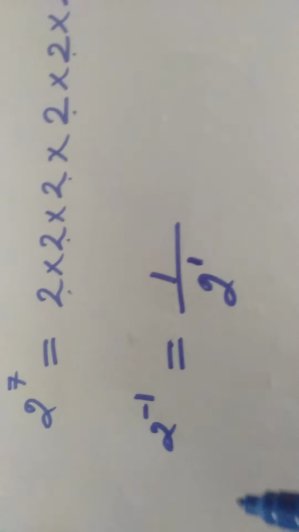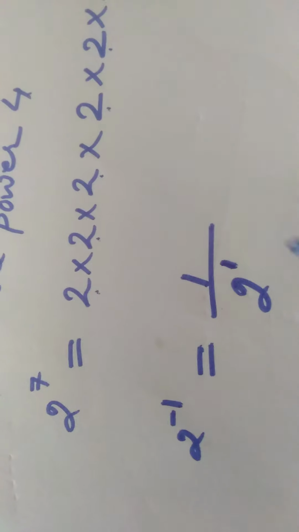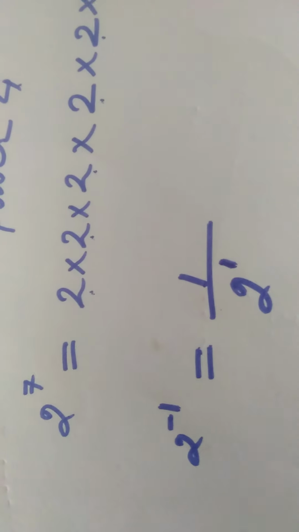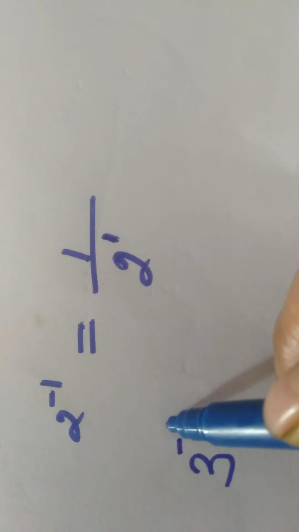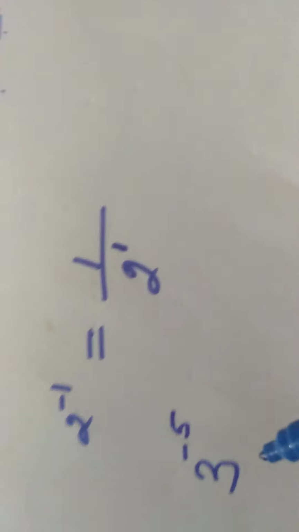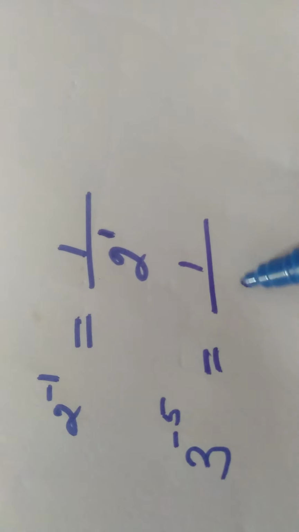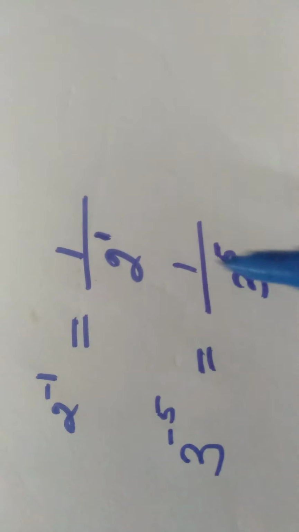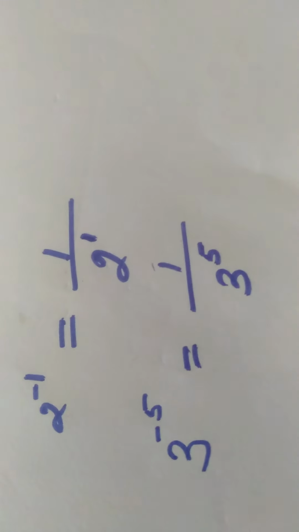So any power which is negative can be made positive by writing it as 1 upon the same number. Suppose 3 to the power minus 5, this means 1 upon 3 to the power 5. It is written in the numerator and denominator form where the numerator is 1.